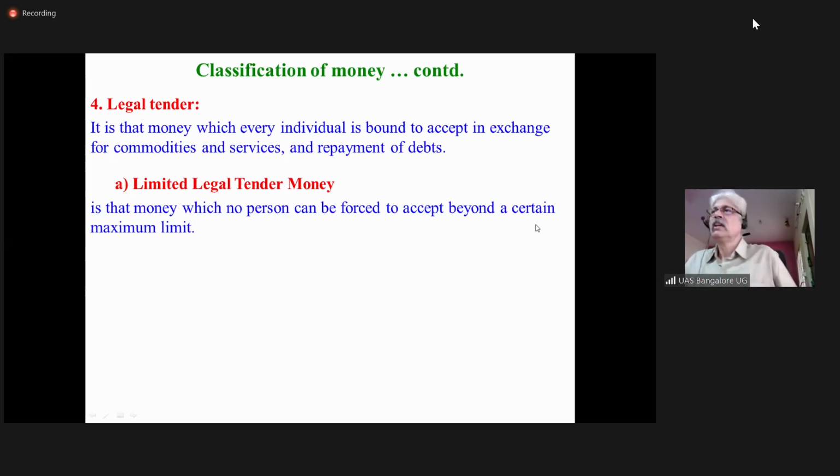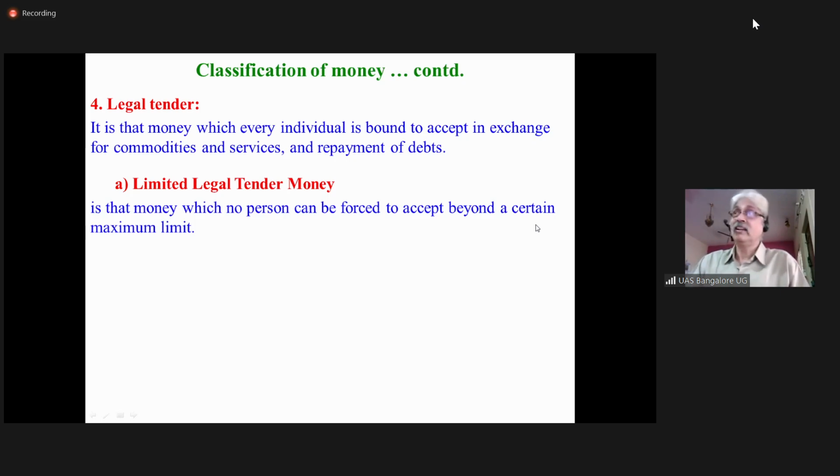Suppose he brings the entire 1 lakh rupees in one rupee coins. Then Divakar may say, I refuse to accept it.